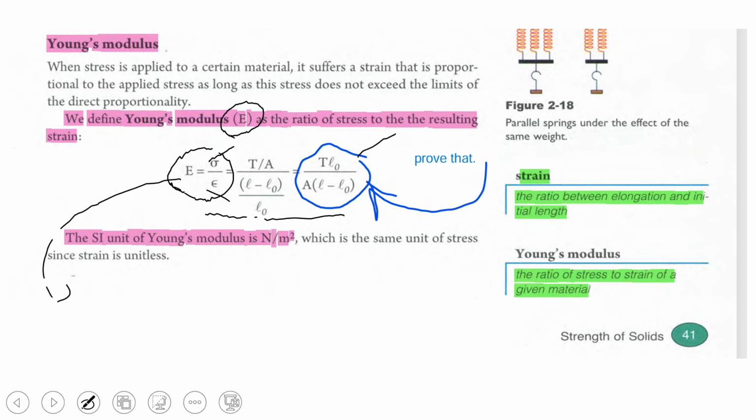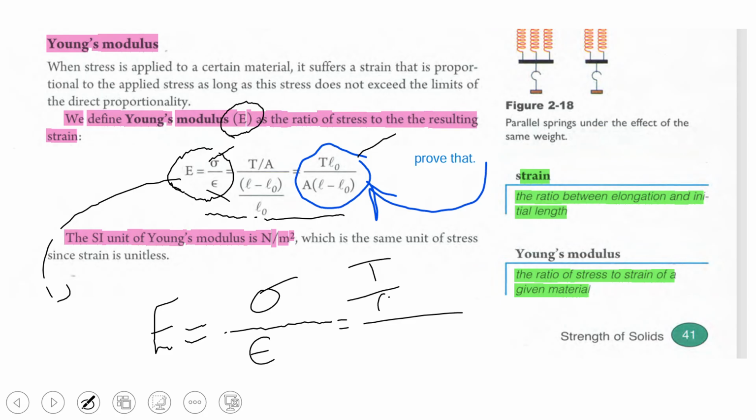We know E, Young modulus, equals stress over strain. And as we studied, stress equals tension over area, and strain is elongation over L naught, that is L minus L naught over L naught. Guys, just arrange this fraction.